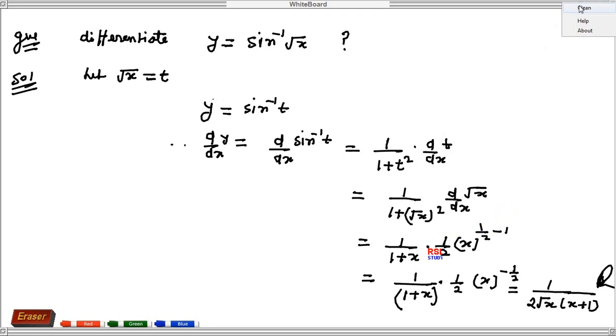Doing it like this you will get 1 by 2 under root x, but here it will be 1 by under root 1 minus x square, and this is under root, so that will be 1 minus x in under root. Here it should be 1 by under root 1 minus x. Just improve yourself.